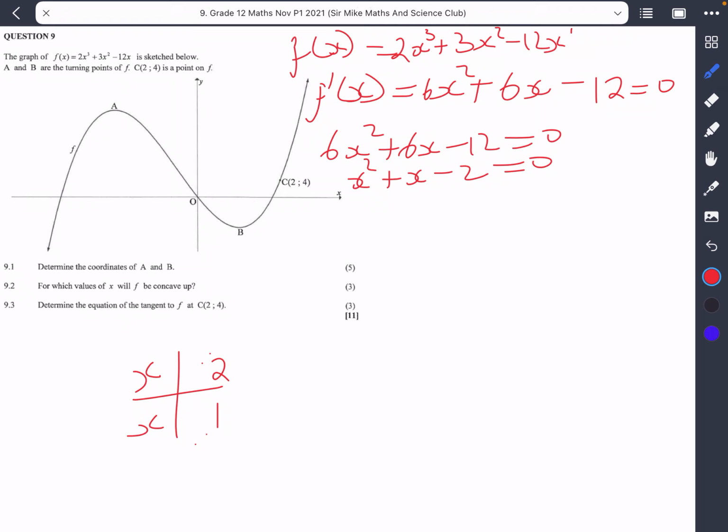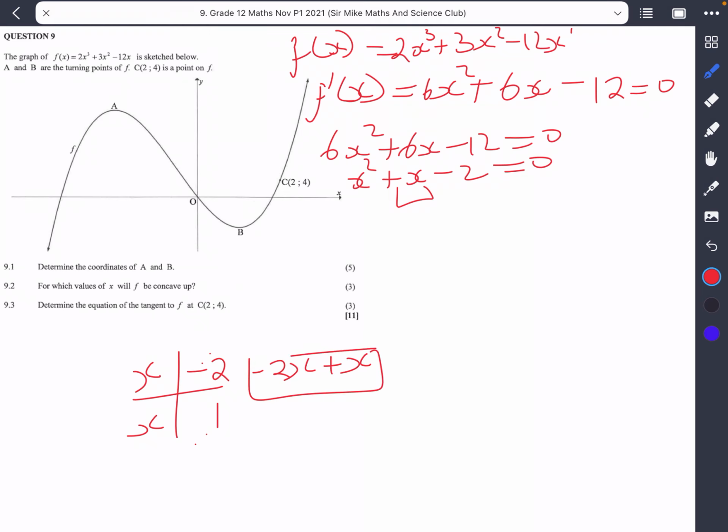I'm just going to assume that the 2 is negative. When you cross multiply and add what you get, you must get the middle term. So negative 2 multiplied by x gives negative 2x, and x multiplied by 1 gives plus x.